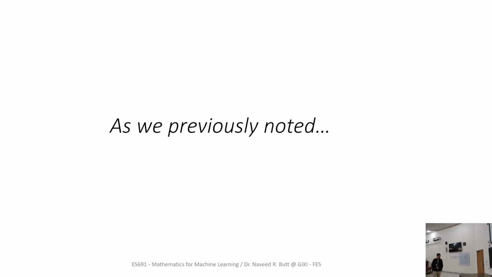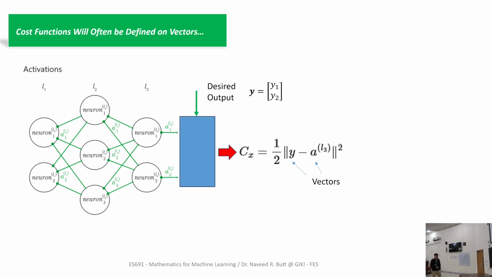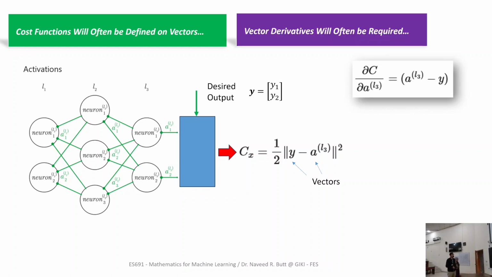So, let's see why there is a need for vector calculus. We had already seen when I motivated the mathematics part for this course that, for example, this is a neural network and the output is in terms of vectors. You can already see the things you have covered, right? In here, the norms, the distance between what you want and what you are getting. But of course, now you want to minimize that distance and you want to find a quantifiable way to do that.